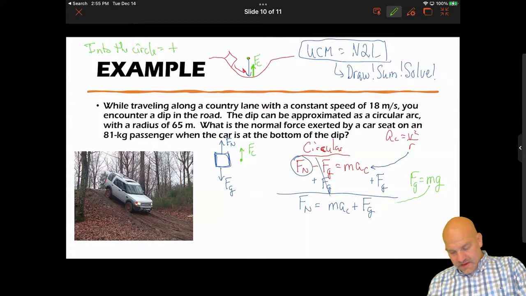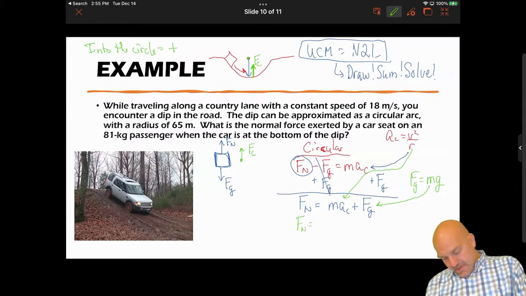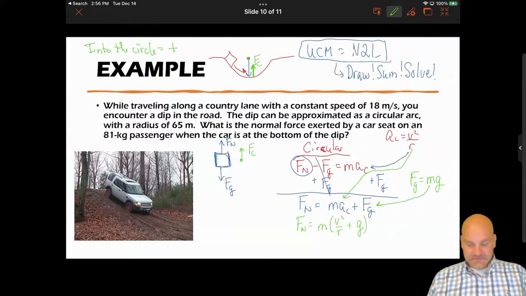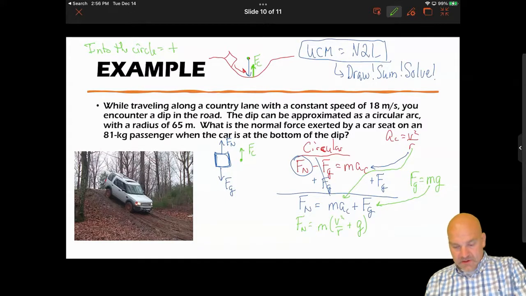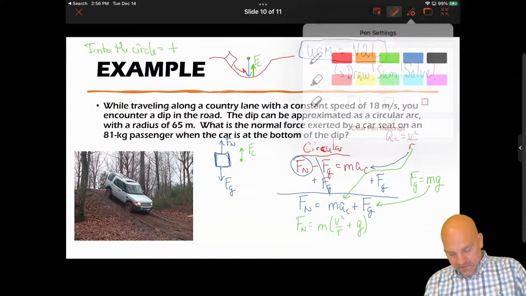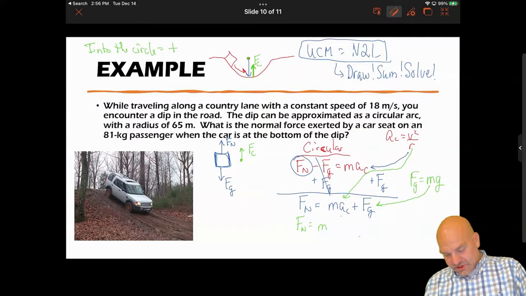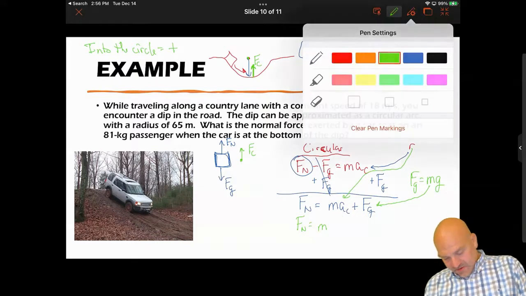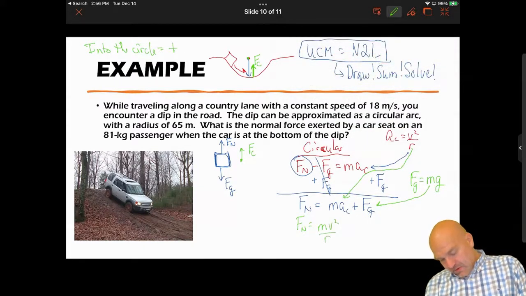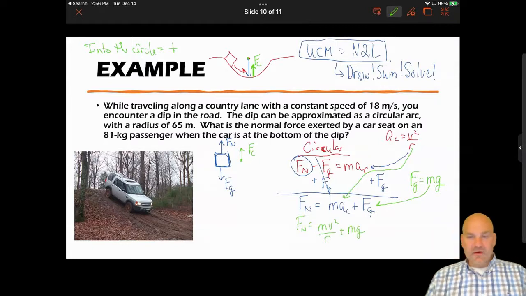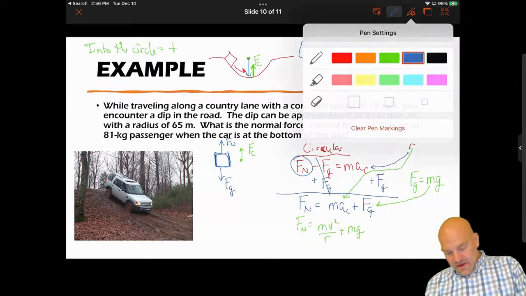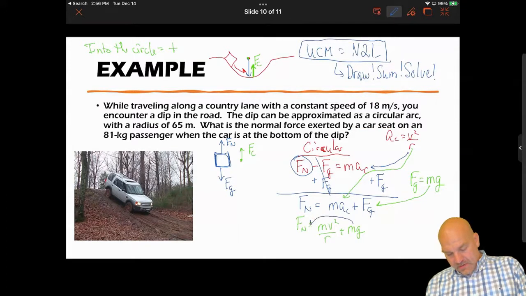So I'm going to substitute that in here, and I'm going to take that v squared over r and put it there. And so I end up with Fn equals m v squared over r plus mg. Sorry, I jumped the gun; I'm a little bit faster than I should be. But it's the person, so what can I do? I can pull out an m, right?